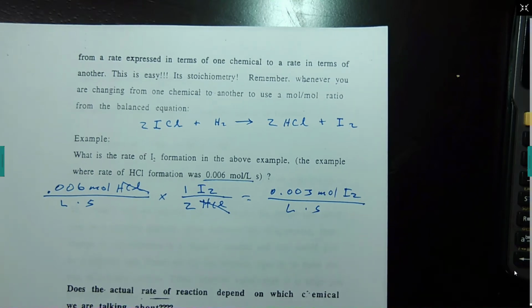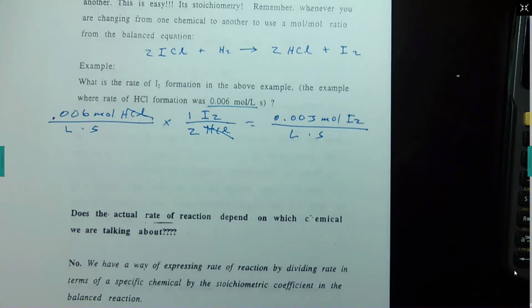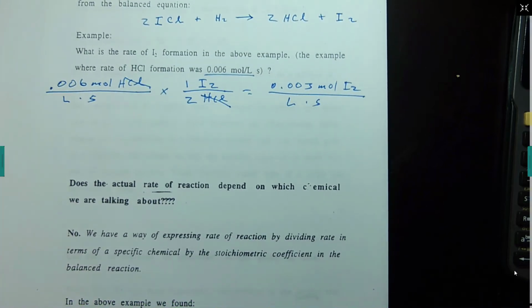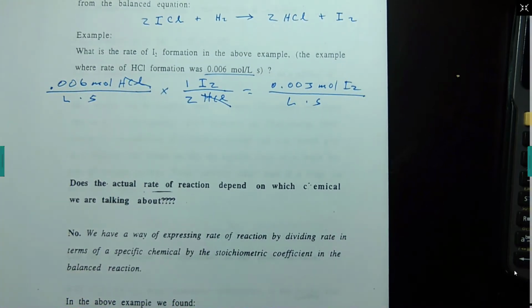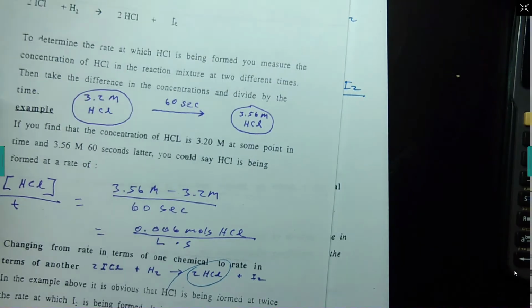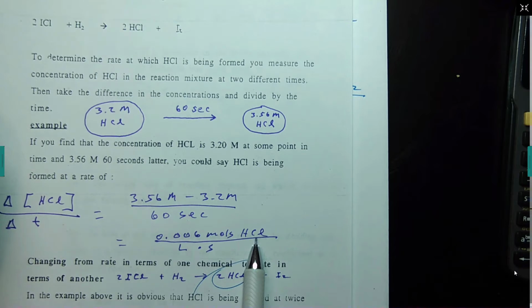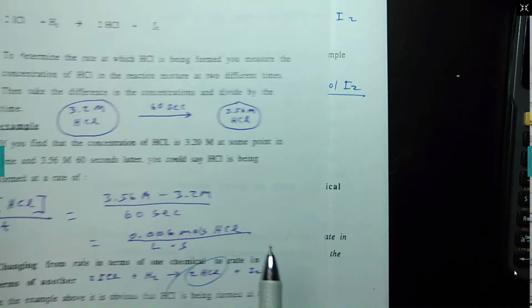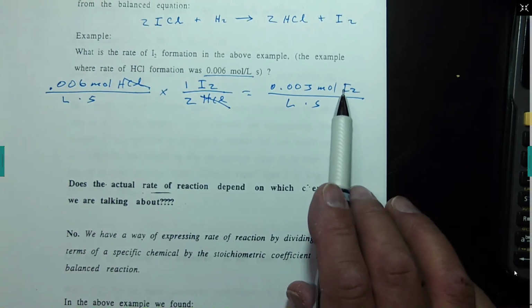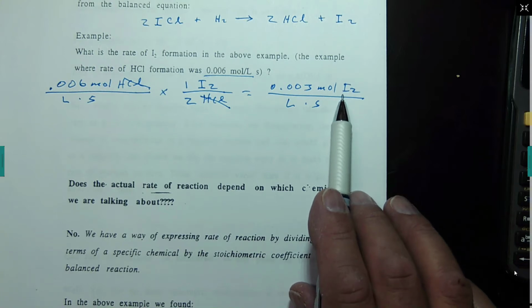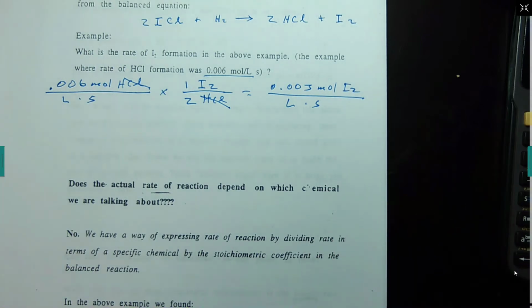Now, one thing I don't want you to get too hung up about, but the books cover it, so I better cover it: the rate of the reaction. So far, all we've really talked about is the rate at which we're making this chemical, which is different than the rate at which we're making this chemical. The rate of the reaction, how do you get that?